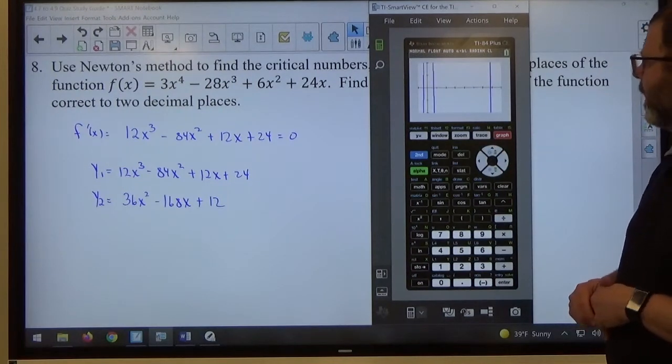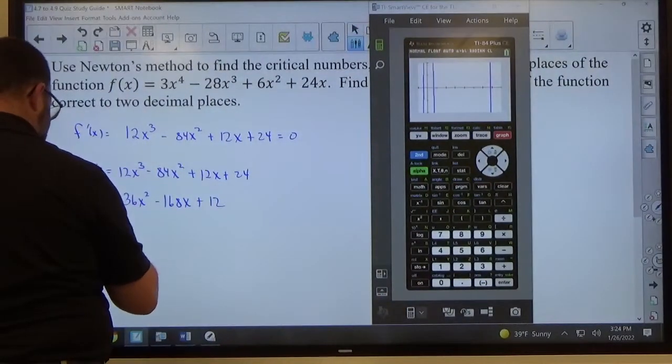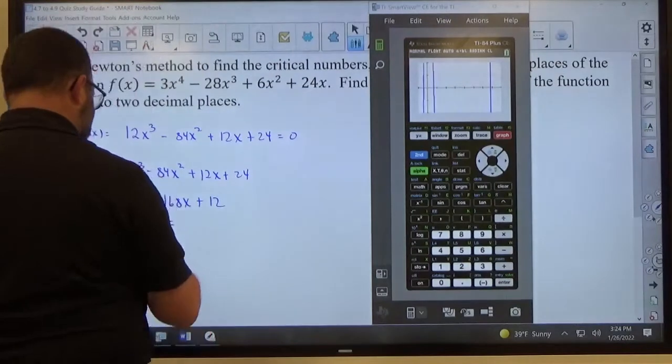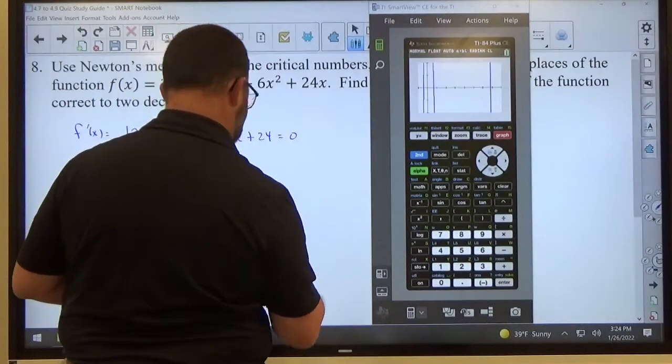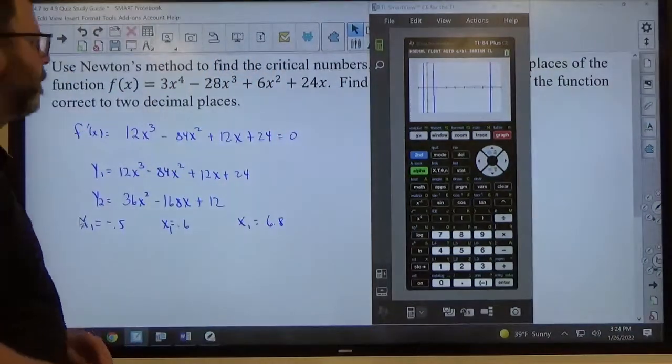So I'm going to let x equal negative 0.5, then positive 0.6, and 6.8. Guessing numbers near those answers.